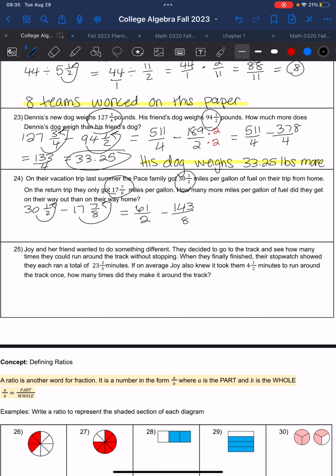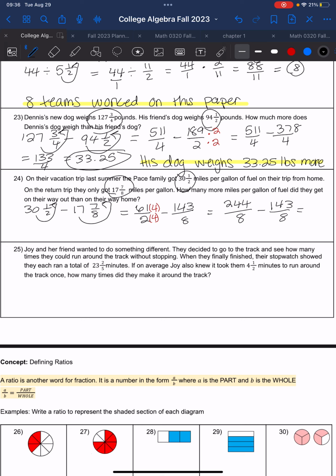So we need to find a common denominator between 2 and 8. In this case, it would be 8, meaning we would only have to multiply the first fraction, top and bottom, by 4. When we do that, 61 times 4 is 244 over 8 minus 143 over 8.